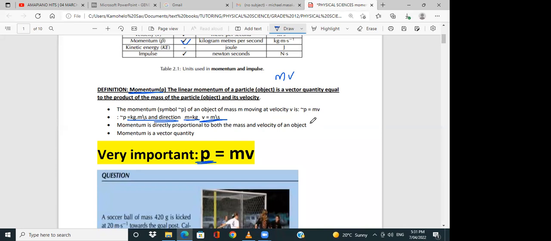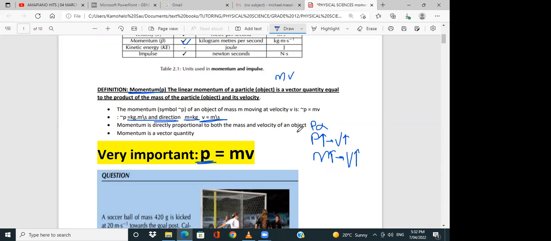This simply means that if an object's velocity increases, then its momentum is going to increase.